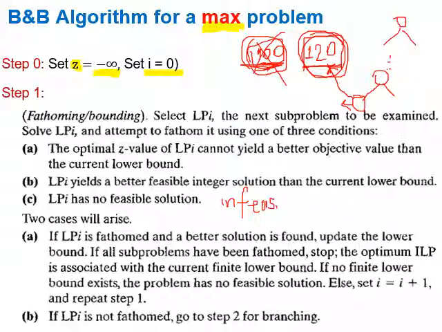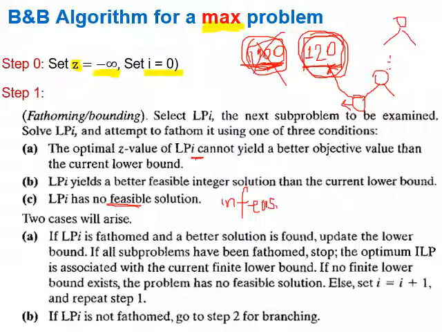We can prove infeasibility, which is this one, the third alternative. And we can calculate upper or lower bounds depending on the optimal objective function value, which is this one. So this A, B, C are connected with the relaxation and their uses.